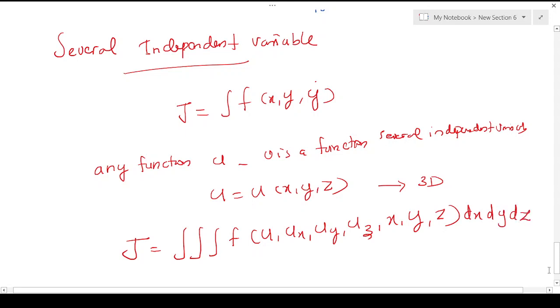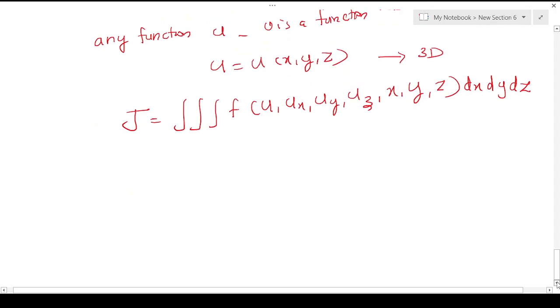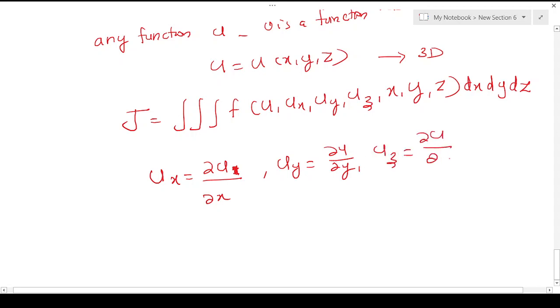Here u_x means dou u by dou x, u_y means dou u by dou y, and u_z means dou u by dou z.